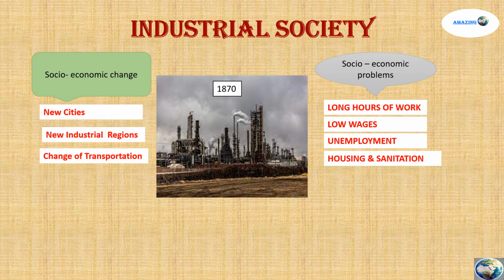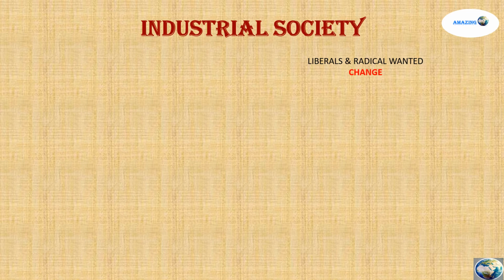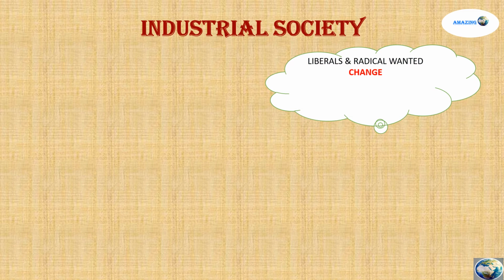But the liberals and radicals who spoke about change now demanded for such a change to happen faster than what they had spoken about in the early 19th century. What was the change that the liberals and radicals wanted by the mid 19th century was what they rallied about right from the early 19th century, where they spoke about overthrowing the old regime.